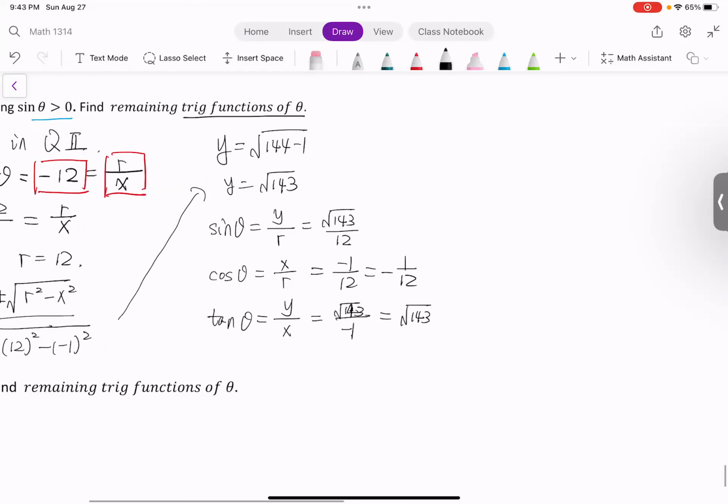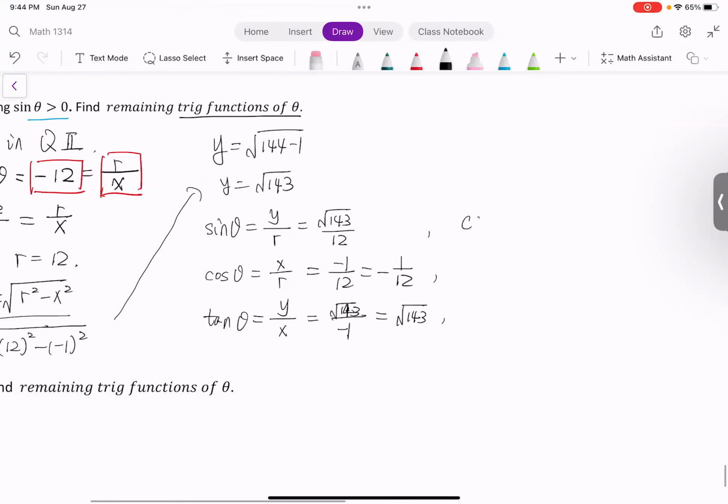How about their reciprocals? Sine's reciprocal, cosecant theta, is flip this one. I have 12 over square root of 143. And rationalize this: 12 times square root of 143 over 143, because top and bottom are multiplied by square root of 143. How about secant theta? Do the reciprocal. I think it's given at the beginning of the question, negative 12. How about cotangent theta?